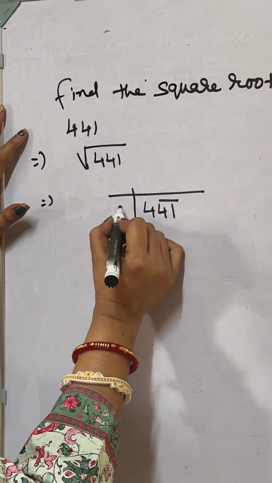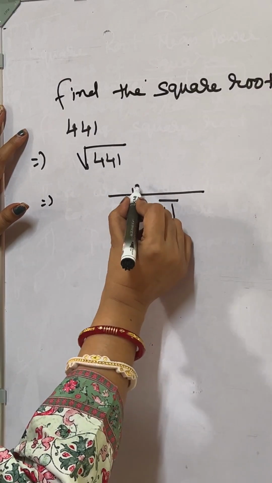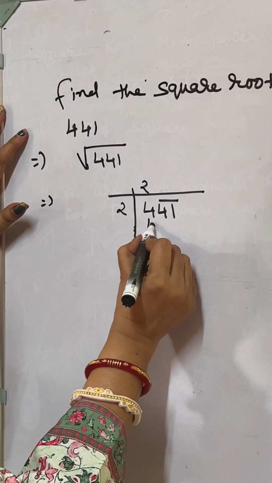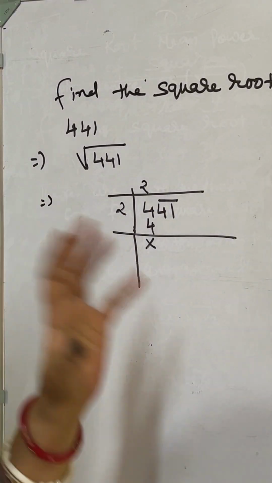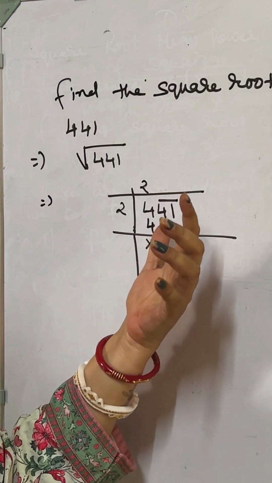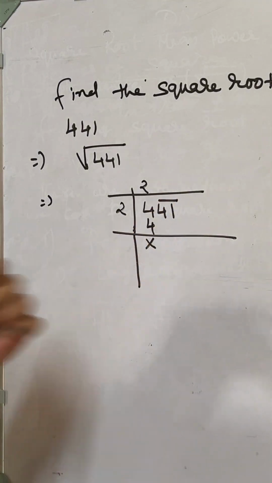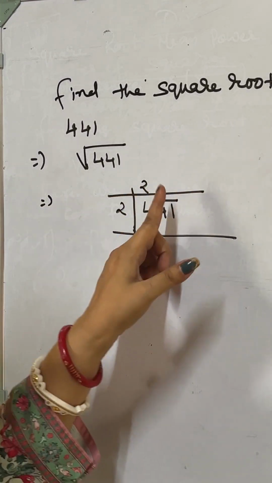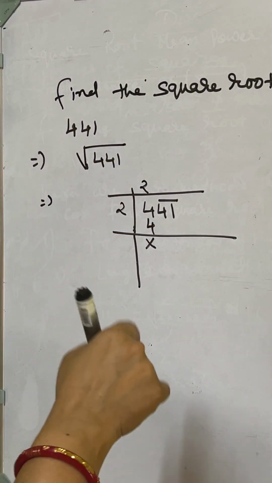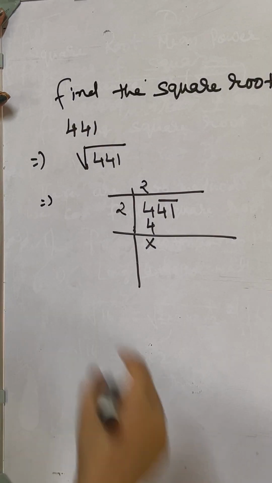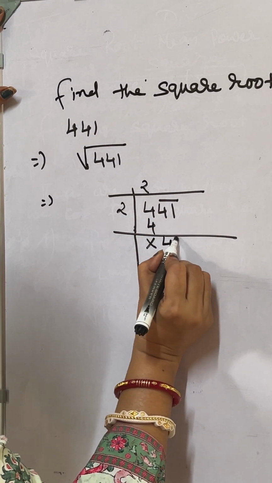So if we put 2 here, then here also we have to put 2. So 2 2s are 4. Cancel. Now when we have made the pairs, in simple division one number is brought down, but in the square root by the long division method, the pair comes down. So it is 41.